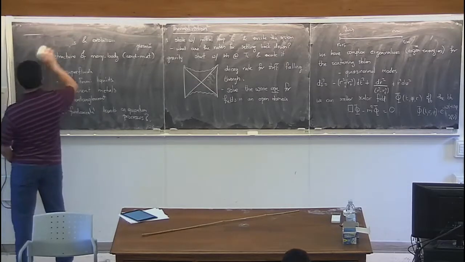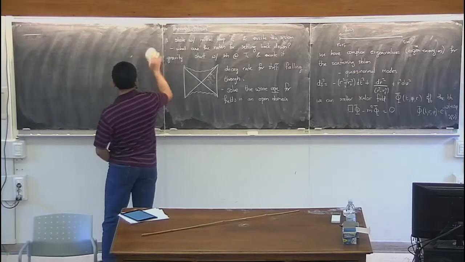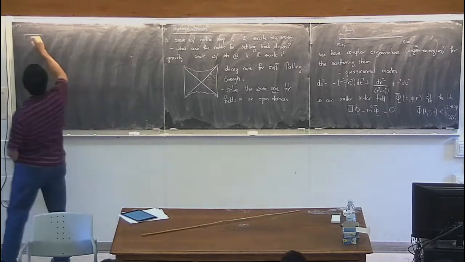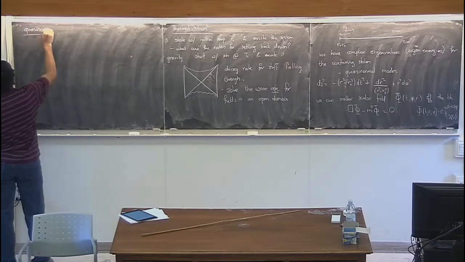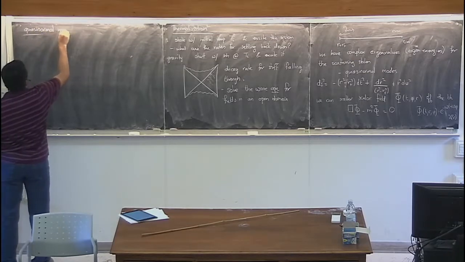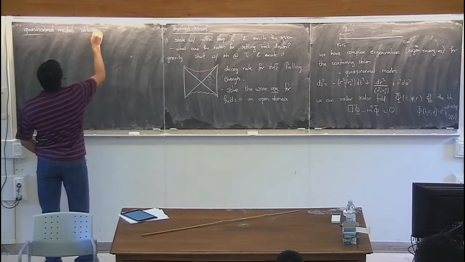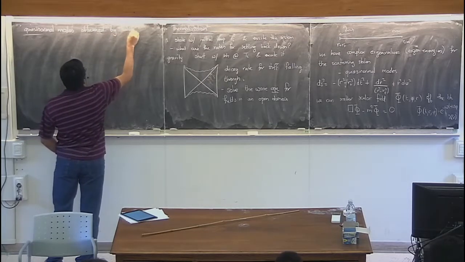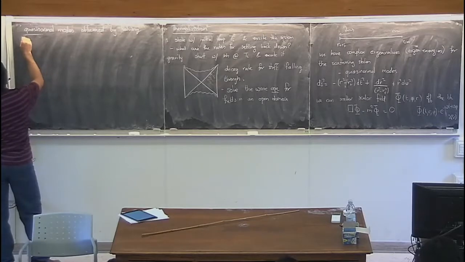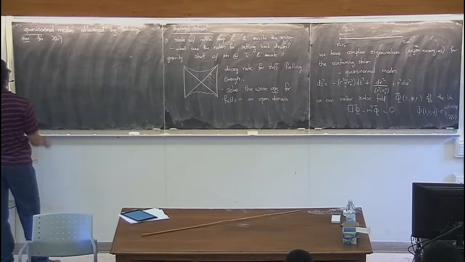And the quasi-normal modes are defined by the eigenvalue problem for this chi of r.